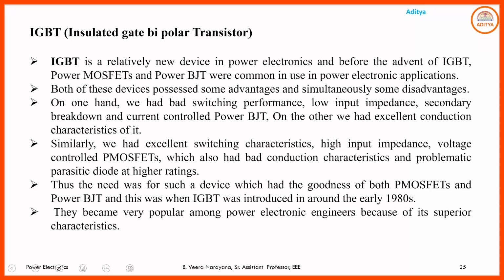The parallel operation of the BJT is difficult and the parallel operation of MOSFETs is very easy. MOSFETs are used for high frequency applications and BJTs are used for high rating applications, high voltage and high current ratings.